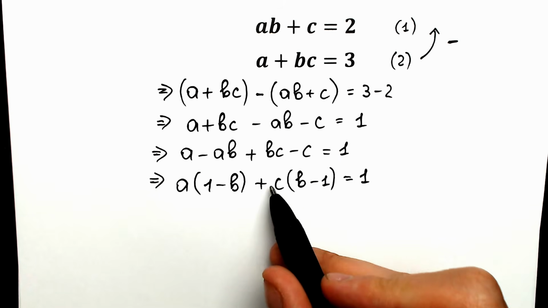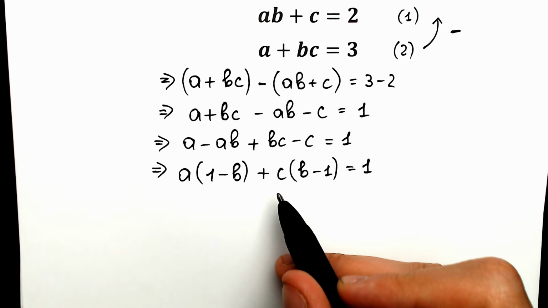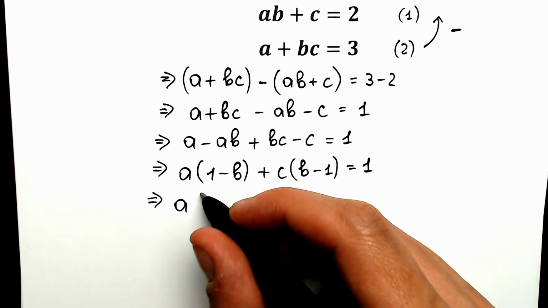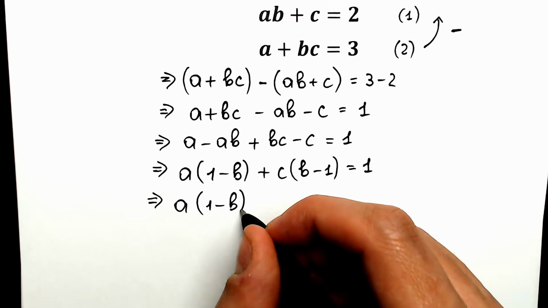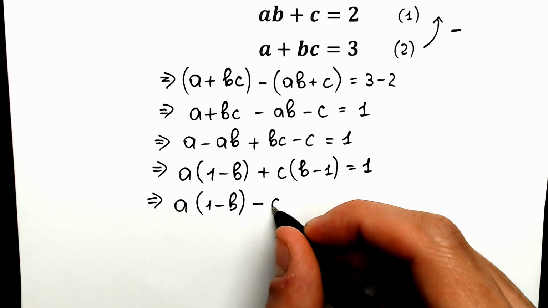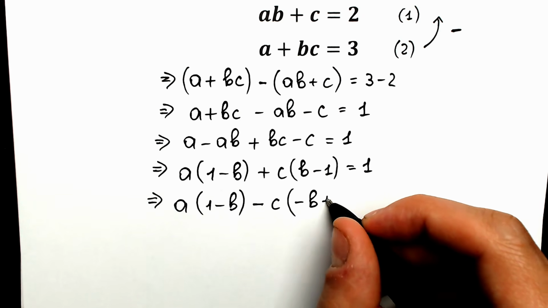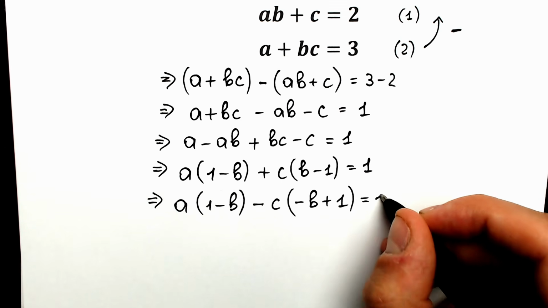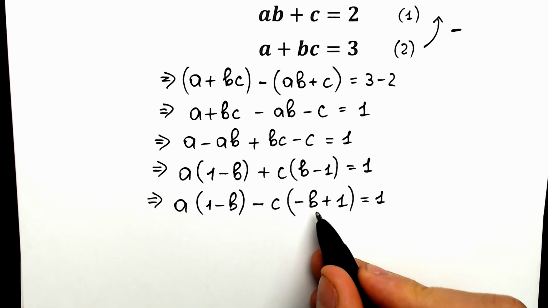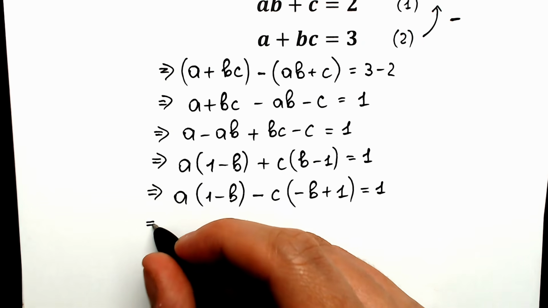So let's multiply this part on the right side by minus 1. So we have the same beginning, A times 1 minus b, and right here we need to change all the signs to the opposite, so minus C, and in parentheses we have minus b plus 1, equal to 1.